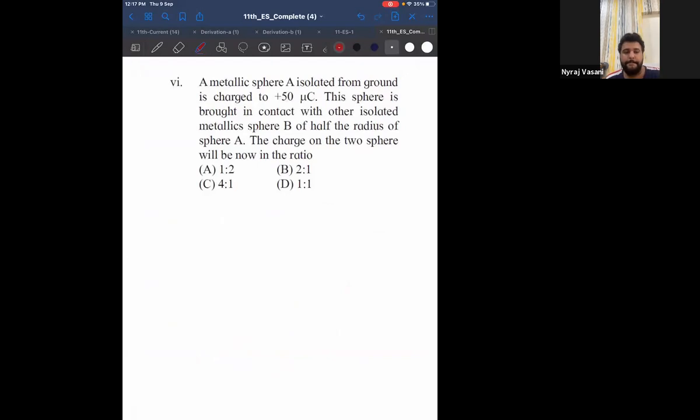Okay. The question: a metallic sphere A is charged and is in contact with one more sphere, and the charge on the two spheres.